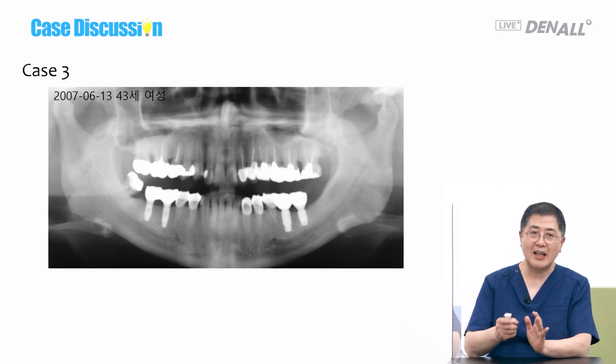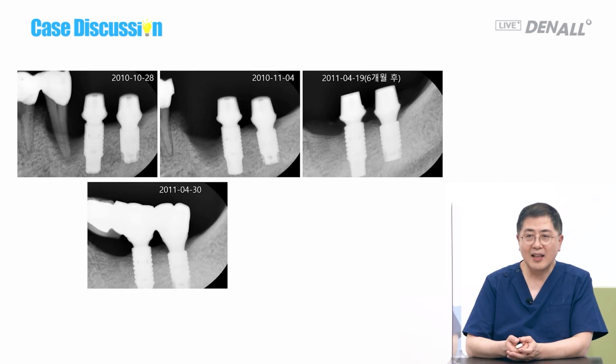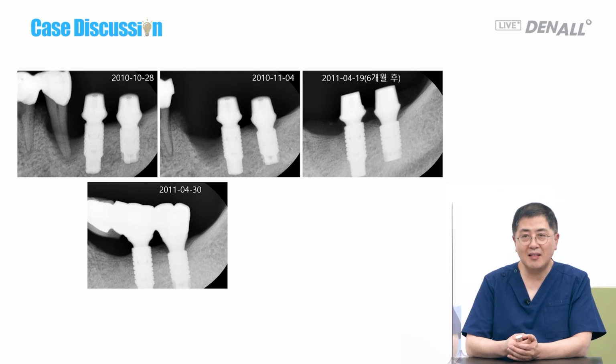When the patient is young, I was really surprised to see the healing capability after extraction. Number 35 had bone loss. As you can see, the distal implant was used and a cantilever was made.